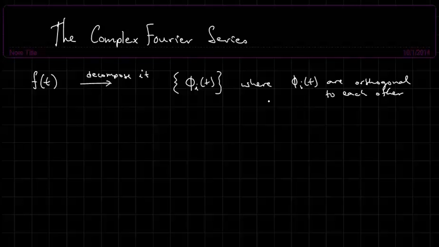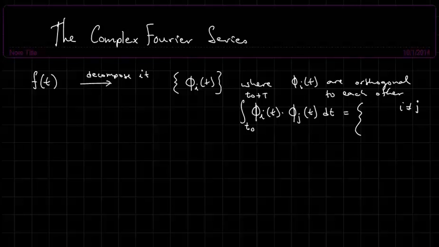In other words, if we took the integral over the period over which we desired to represent f of t, and we took one of our basis functions, phi sub i, and multiplied it by another one of our basis functions, phi sub j, and integrated, then if i was not equal to j, so these are two different basis functions, the integral would be 0.